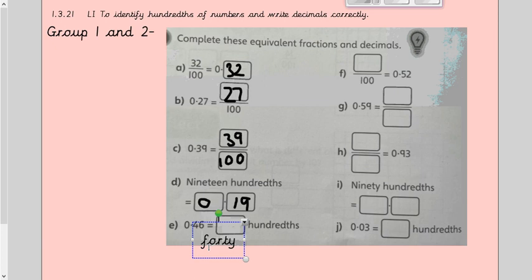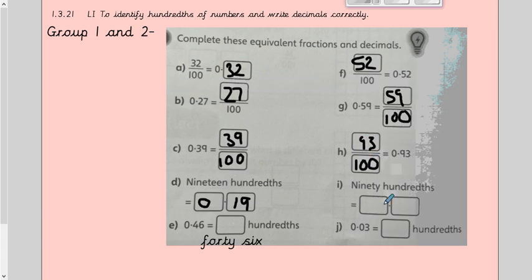So 46, oh, not 6 hundredths. This one would be 52. This one would be 59 hundredths. 93 hundredths. So 90 hundredths is 0.9. You could put a 0 if you want to as well. 0.03 is 3 hundredths. Okay, so hopefully that was all okay.